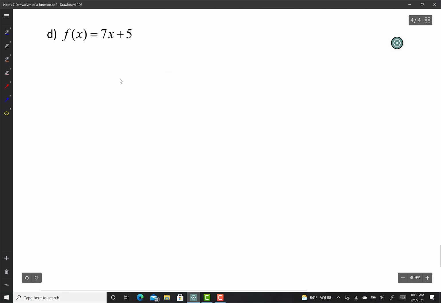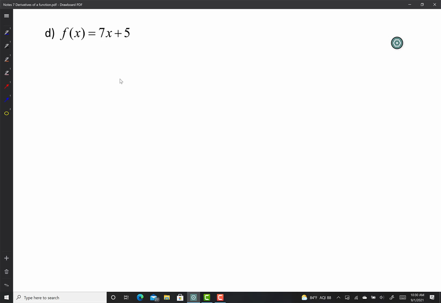Look at this one. Wait a minute. That is a linear line. Something is wrong here. Check it out, guys. We don't want to be robots. When I do my calculations for derivative, remember what derivative means: instantaneous rate of change. What should I expect when I take the derivative of this?